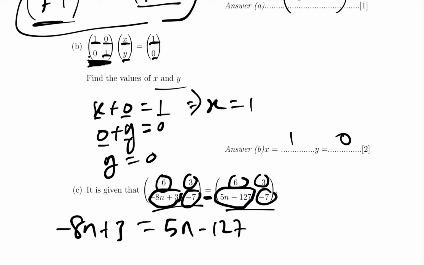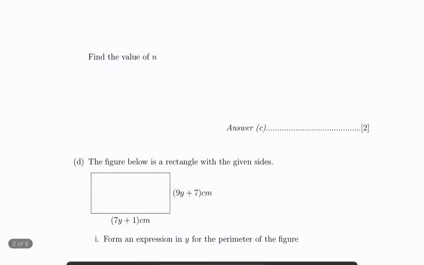So now we've formed this simple equation, and our duty now is just to solve this equation to find the value of n. I'm going to continue this one here. This is the question that was saying find the value of n.